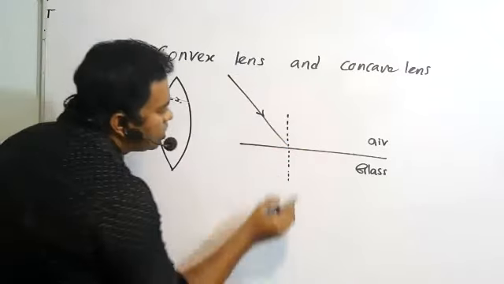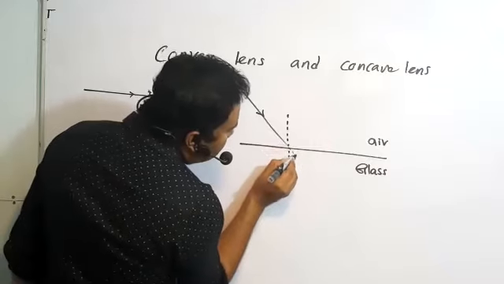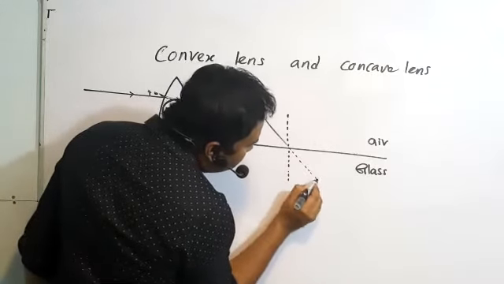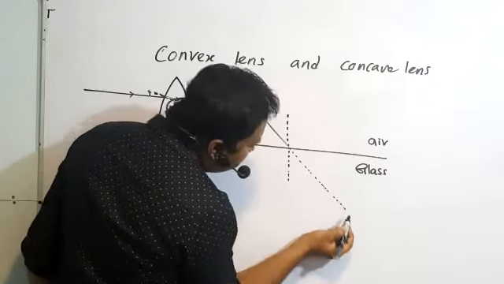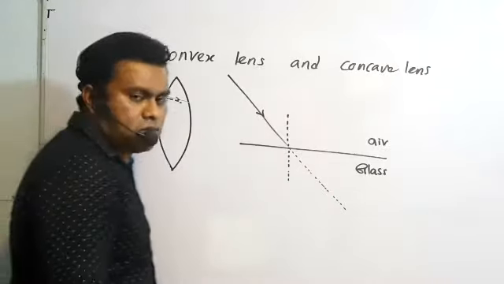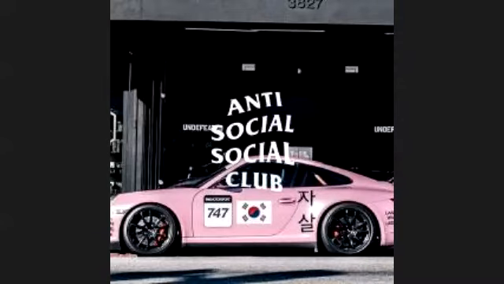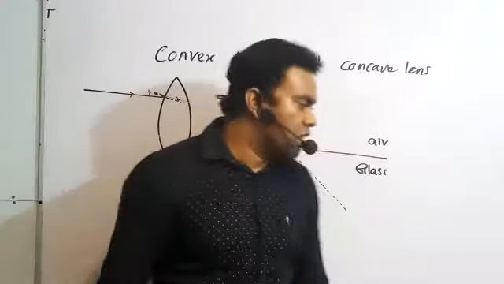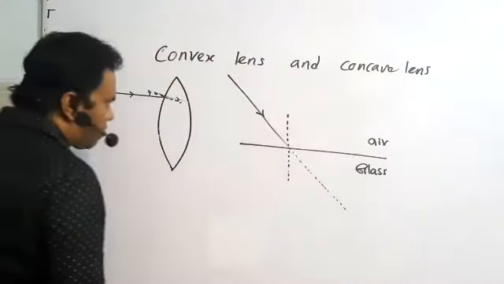Now, the initial direction of this light ray is like this. What do you think? Will it go through the same path or on a different path? Yes, definitely it changes its direction.